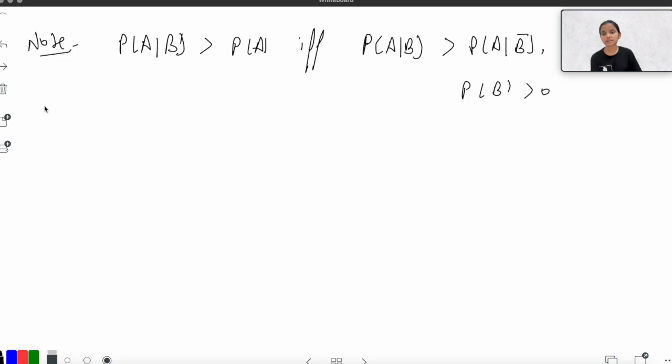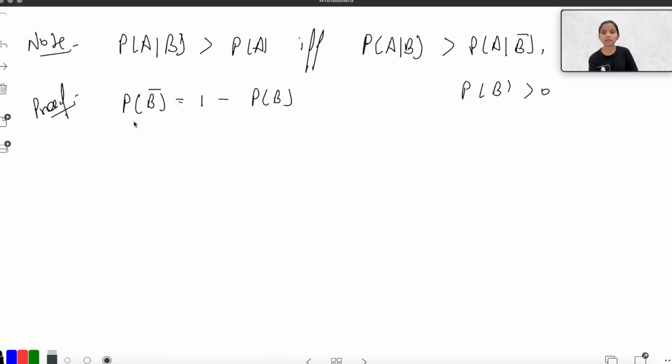Now let's see how. My pen is leaking, so let's see. We know that probability of B bar is equal to 1 minus probability of B.